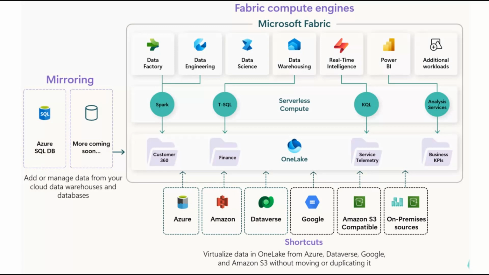Fabric tackles this by being a unified software as a service platform where all these capabilities are woven into one experience. All your data in Fabric is in a unified storage called OneLake.